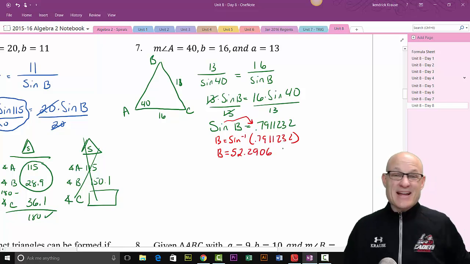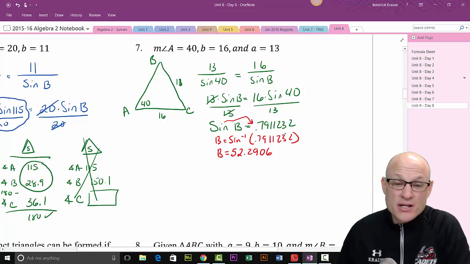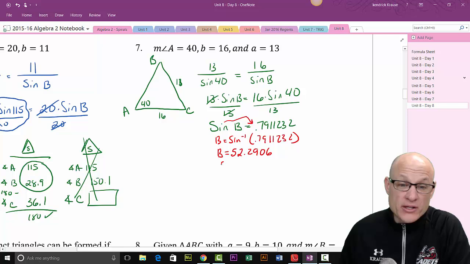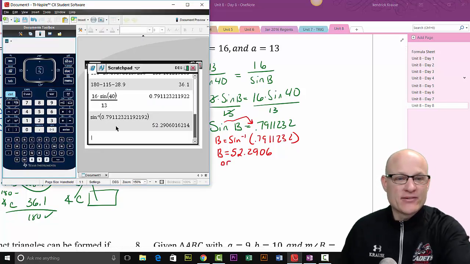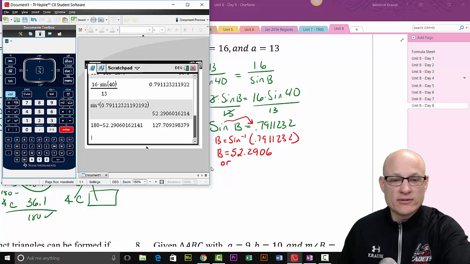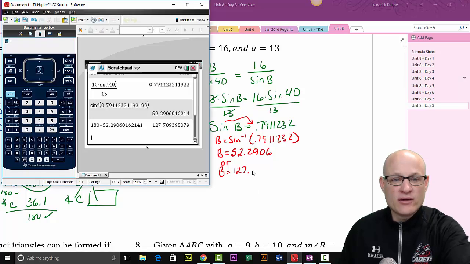But that's the angle in quadrant 1. B can also be 180 minus this answer. Or B can be 127.70939.